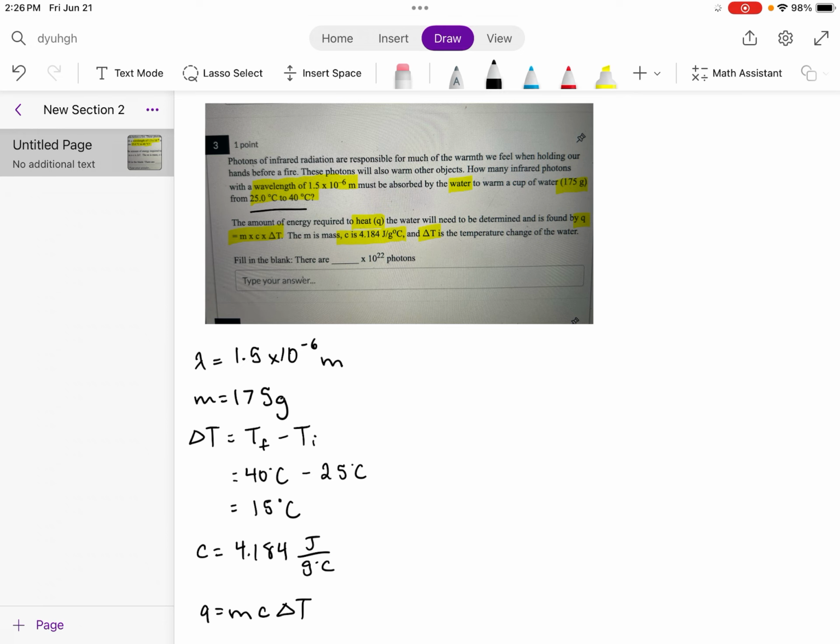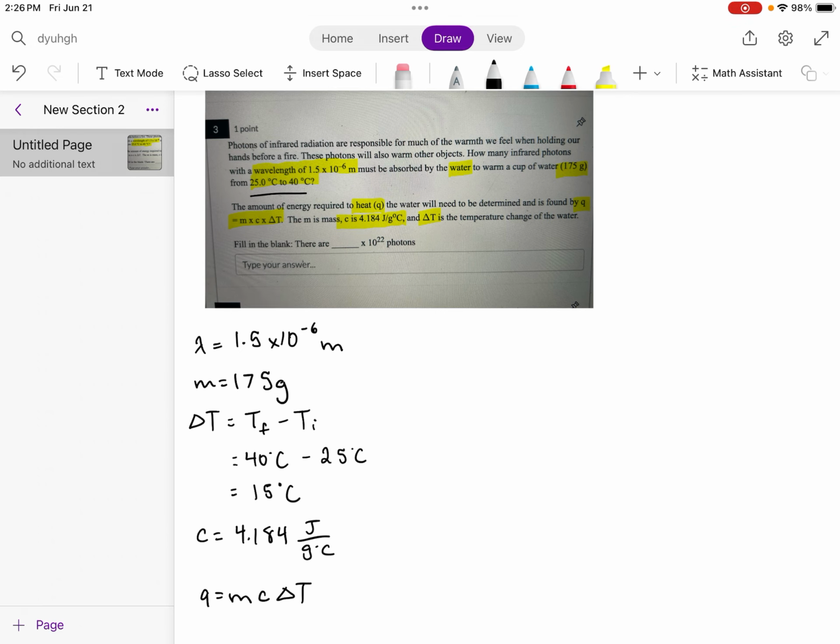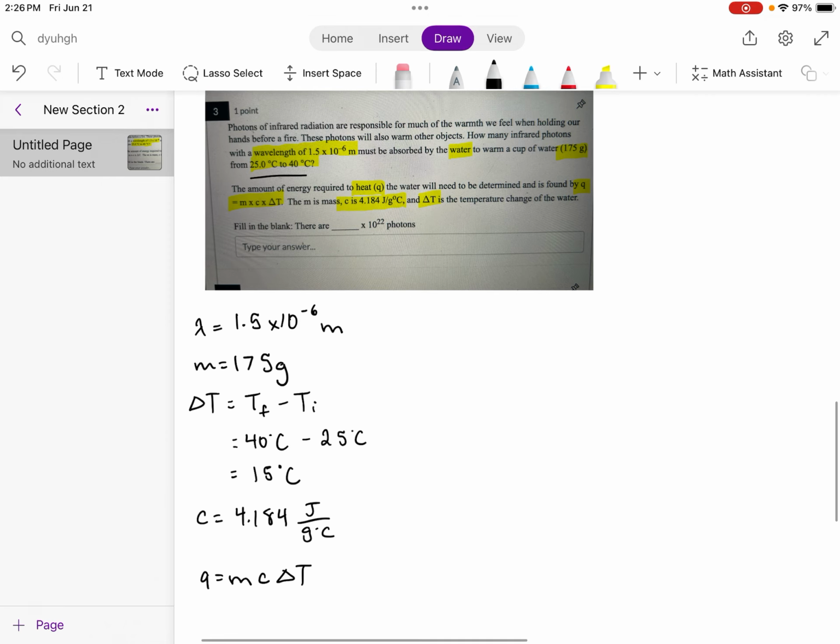Okay, so instead of just blindly doing math, let's think about what we're trying to achieve at the end. Again, we're trying to find how many photons are in this system. In order to find that, this equation is helping us solve for heat.